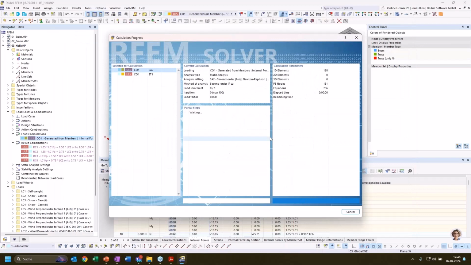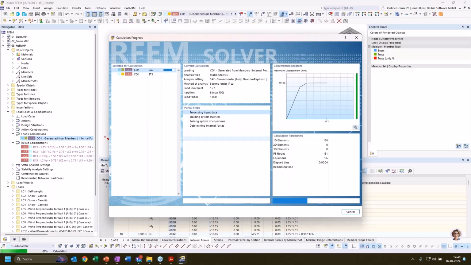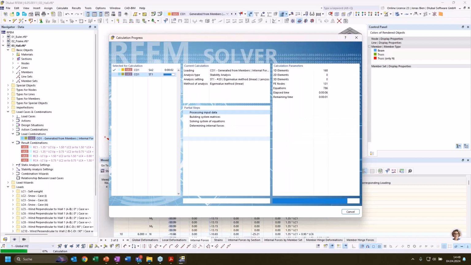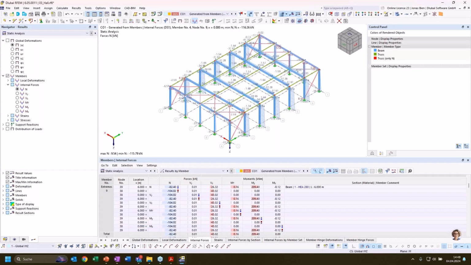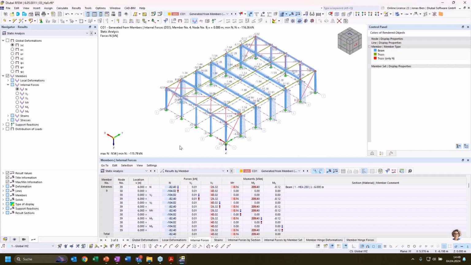So now I very specifically run the stability analysis for just this one load combination that I have generated from the envelope.